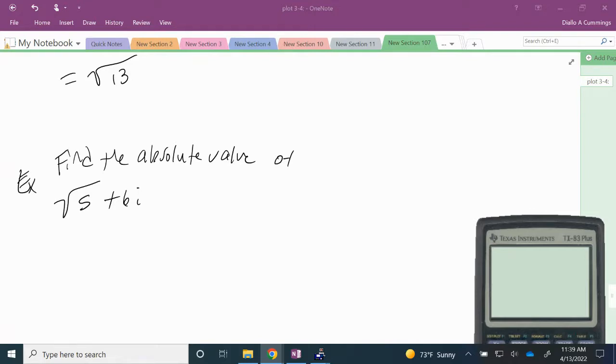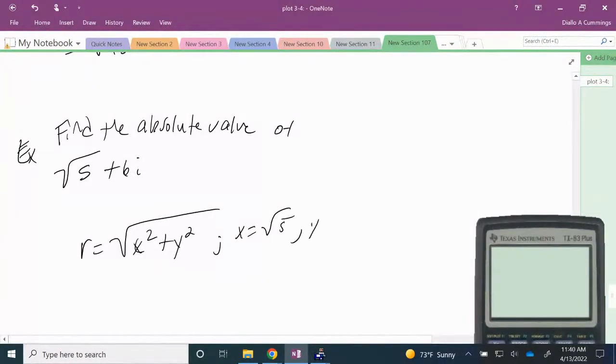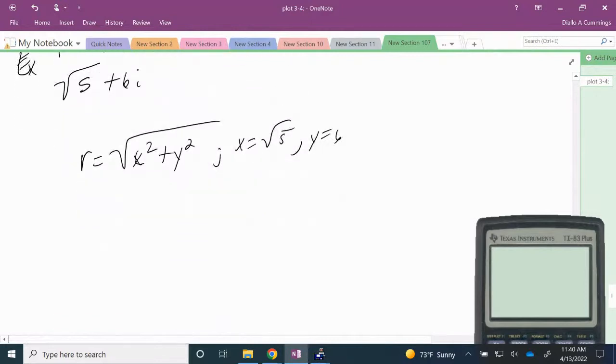We'll take a look at the solution. We're going to use a formula. r is equal to the square root of x squared plus y squared. We're going to substitute x for the square root of 5 and y for 6. So we have the square root of the square root of 5 squared plus 6 squared.